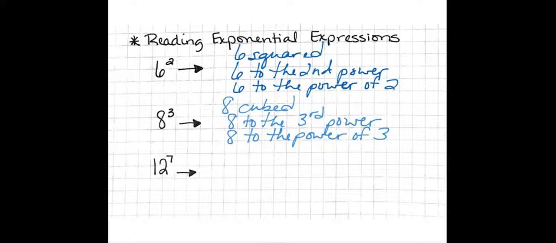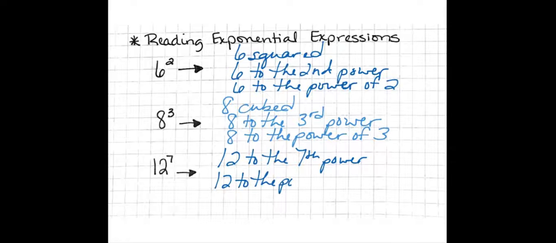And all exponential expressions can be read in the second and the third way. So this last example could be read 12 to the 7th power, or 12 to the power of 7.